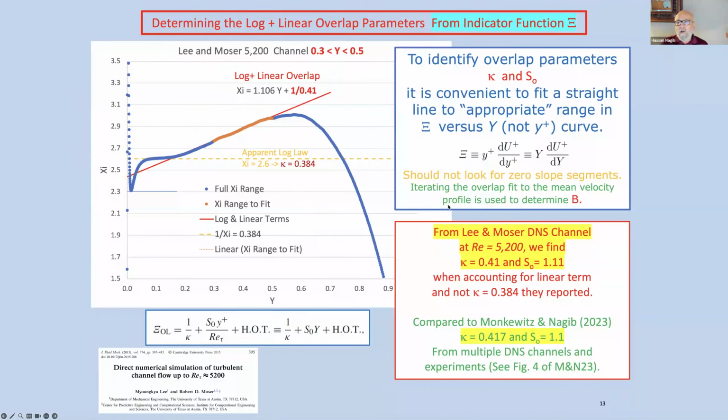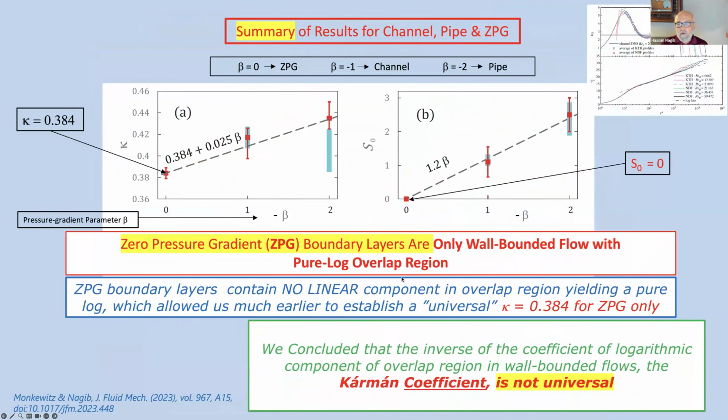Let us now, in the paper in JFM, when we compared using experiments and other DNS of channel, we concluded these two values. From this figure, you nearly get identical values. Now I'm ready to show you the figure that I showed you at the beginning quickly.